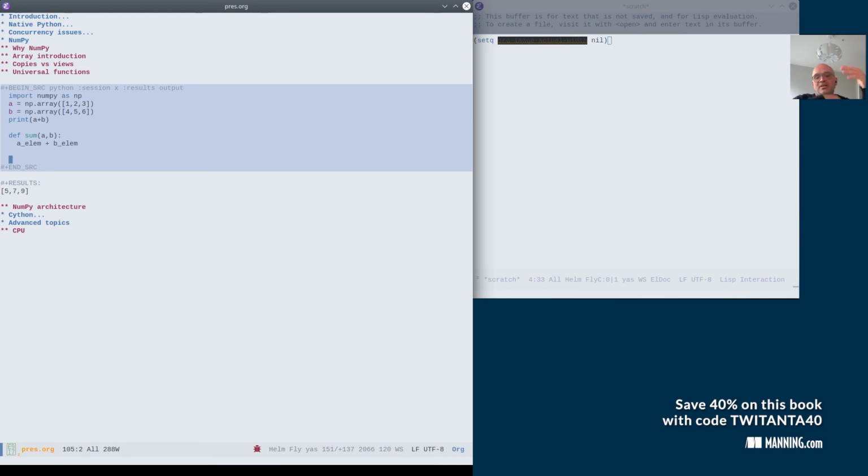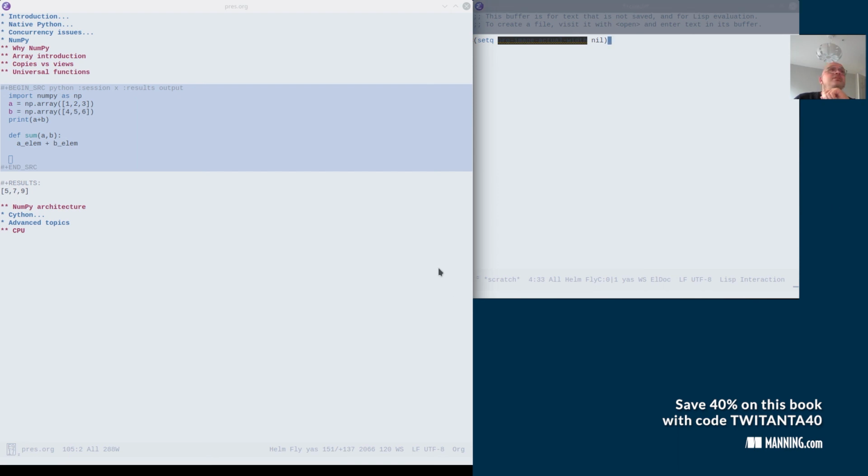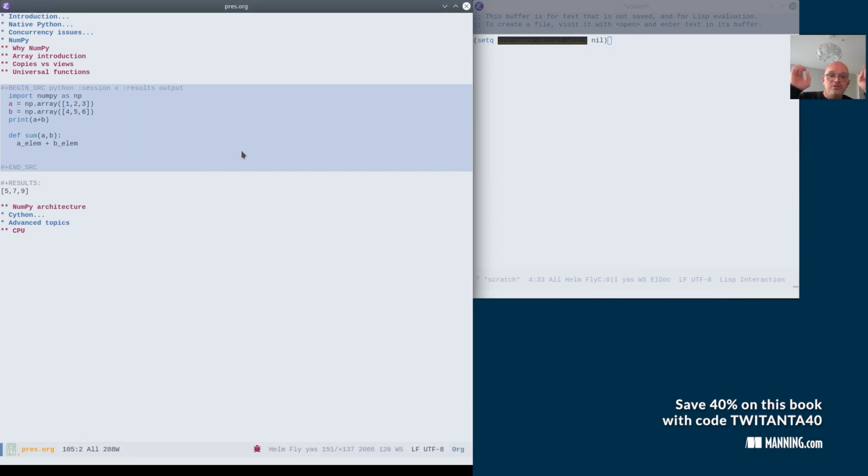There is also another issue with universal functions, which has to do with broadcasting, which I won't go through here because it's not really a processing issue, but I have to discuss it in the book. But the most important point here is that you have a ginormous array.